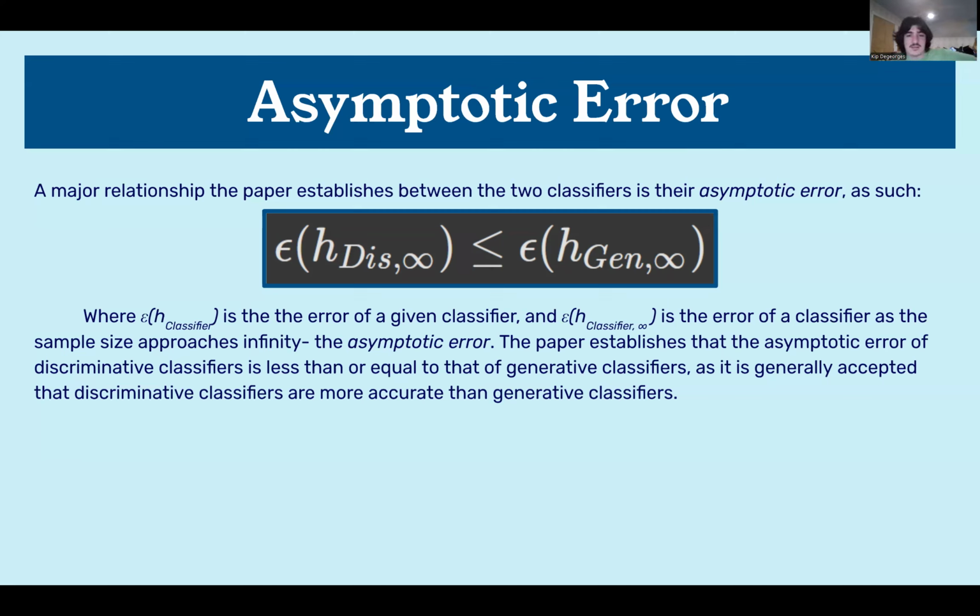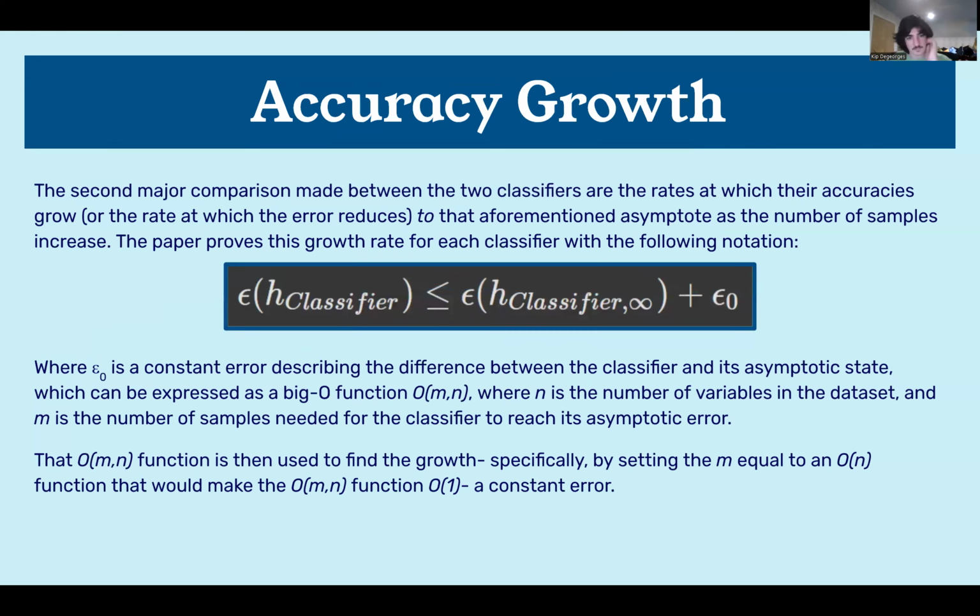In this case, it's shown that the asymptotic error of the discriminative classifier is less than that of the generative classifier, which means that at some arbitrarily high number of samples, discriminative will be more accurate than generative. That's often why they say that because of the direct probability modeling, the go-to is discriminative over generative, as it's going to be more accurate. That is, again, the folk wisdom, and the reasoning behind it.